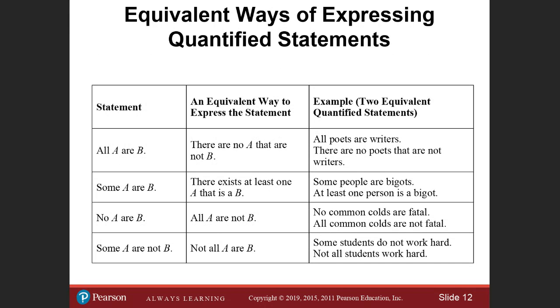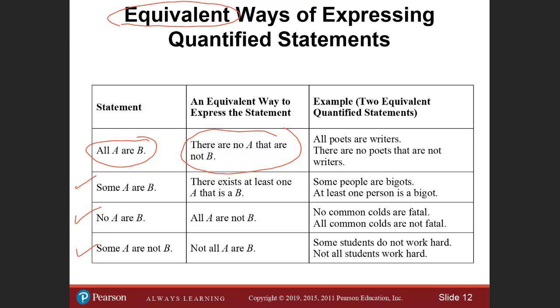And then we have the equivalent ways of expressing quantified statements. Just look at the first column, and that is equivalent to the second column. So you said all A are B. Looking at the second column, it says there are no A that are not B. Similarly on the second row, the third row, and the last row.